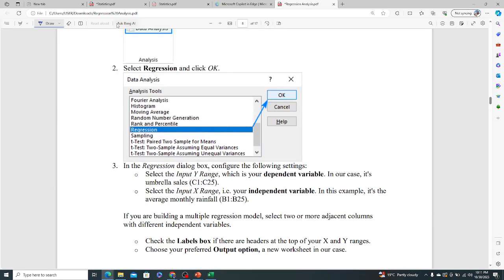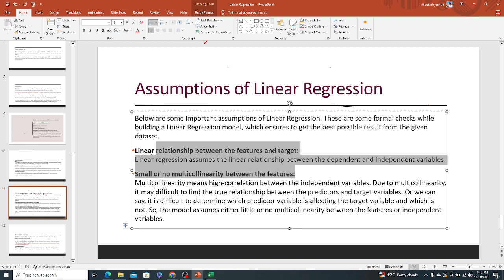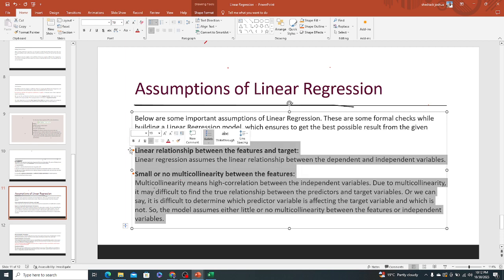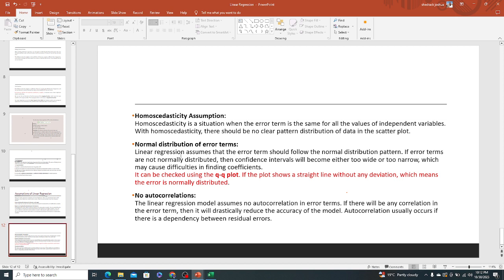So for the assumptions, when it comes to checking the relationship and the multicollinearity, we are talking about correlation here. So you can use correlation for the first two, as per what we've talked about. Then for homoscedasticity, maybe you will have to, after you have run.